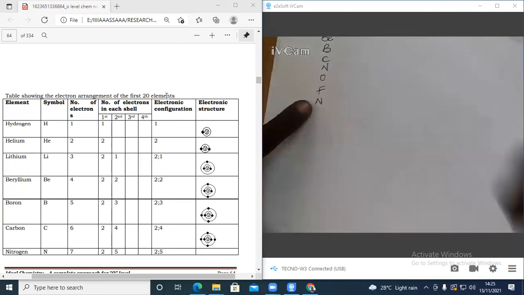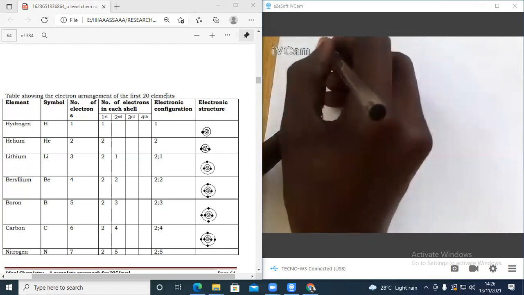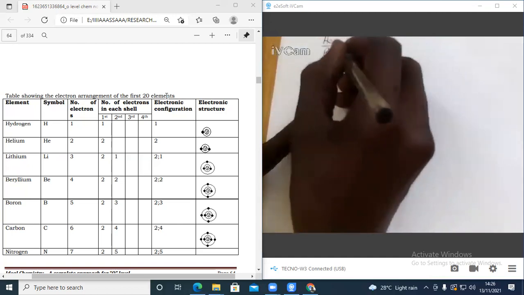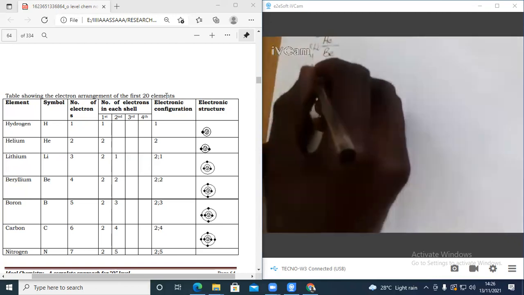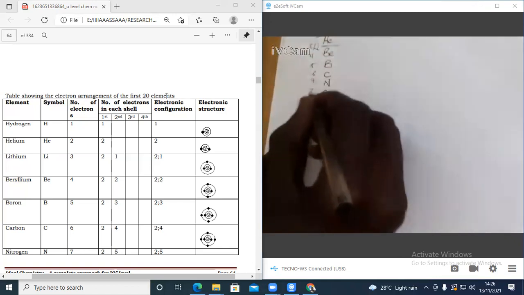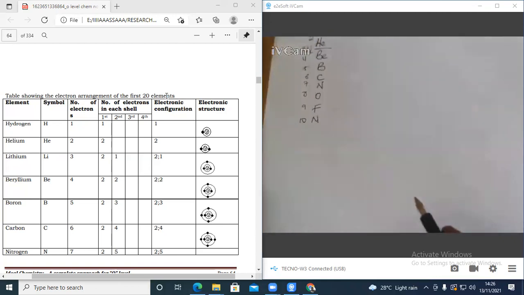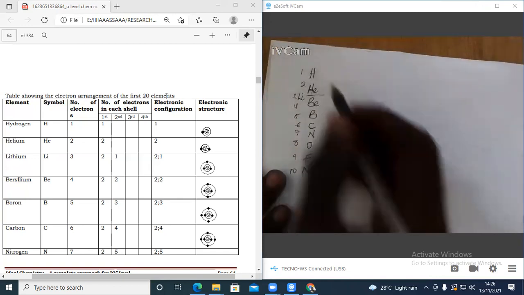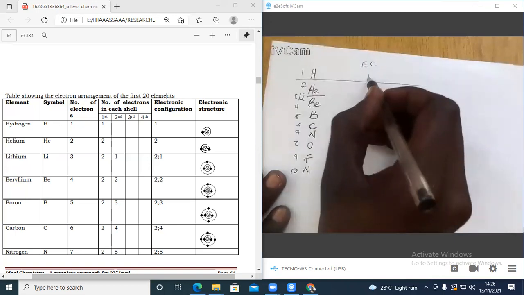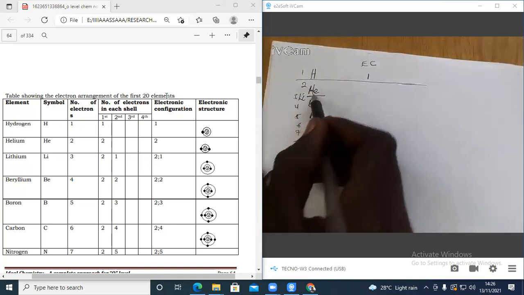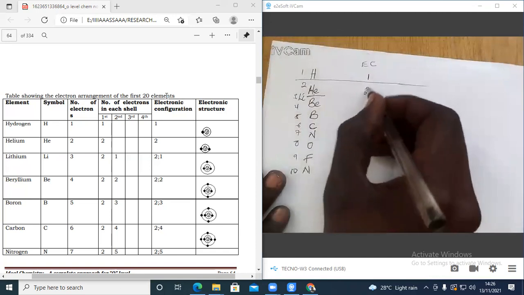We have missed out 1. There's lithium missing here. So we have 1 to 10. Hydrogen is 1, its electronic structure is 1. If helium is 2, its electronic structure is 2.